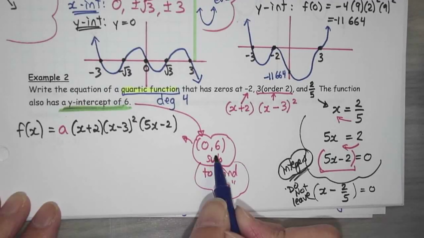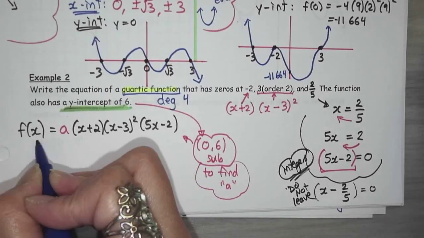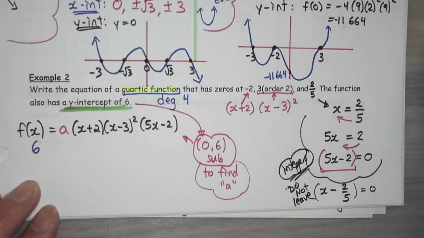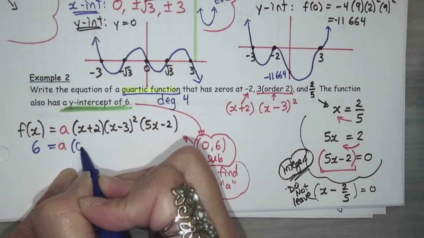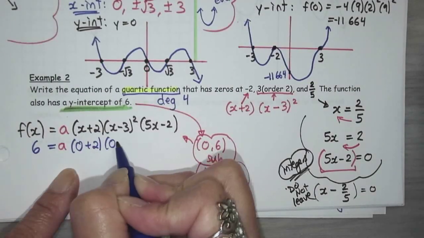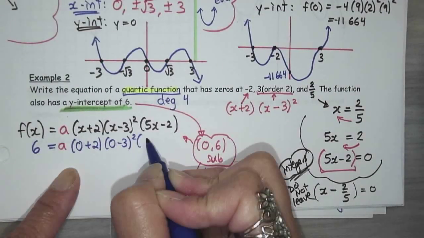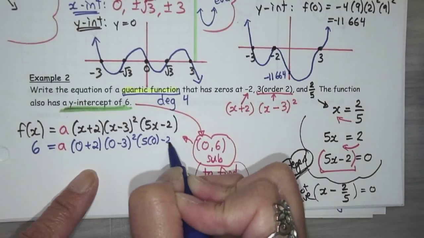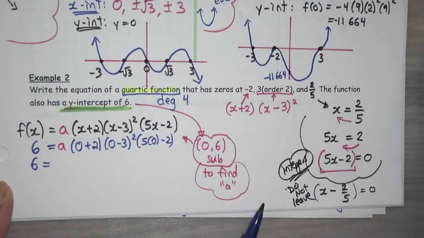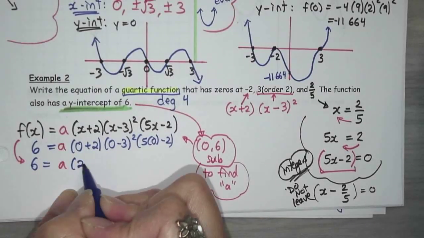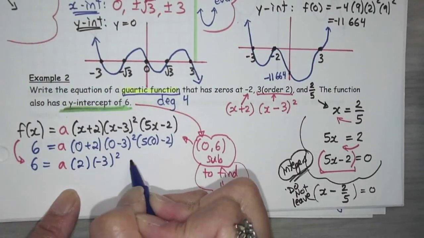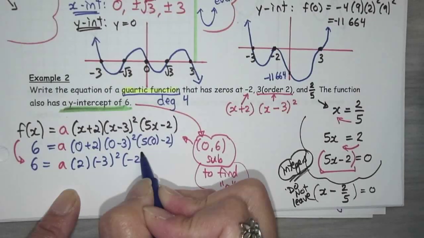So we know 6 is the y, equals a is what we're solving for, and x is 0. So that would be 0 plus 2. You don't have to show me the 0, but I'll show you just for our notes. You can skip this part, 5 times 0 minus 2. You can go straight to this. So if you want to, you can go a, and then just show me 2, negative 3 squared, and that's 0, so negative 2.